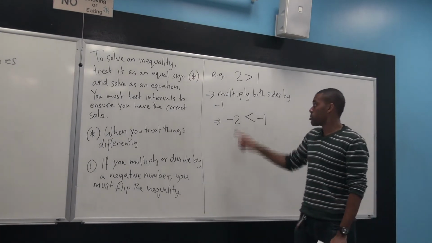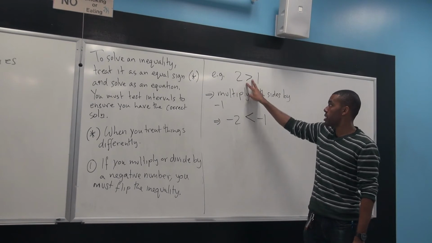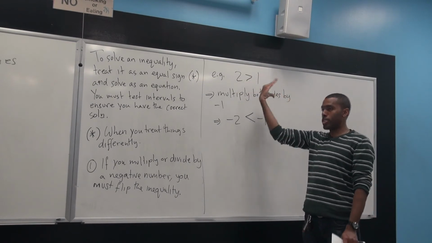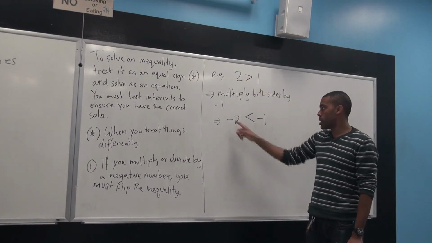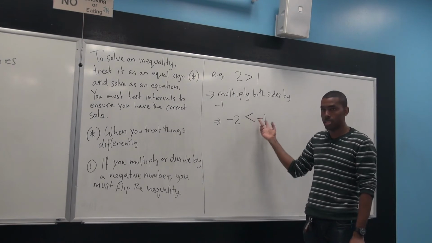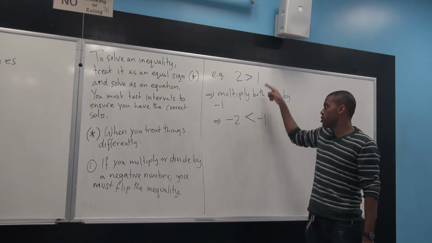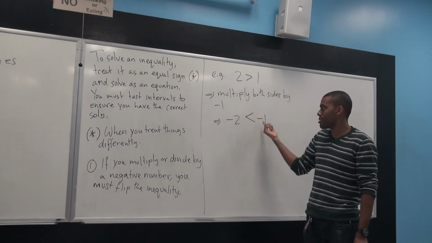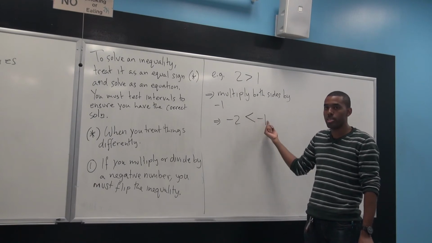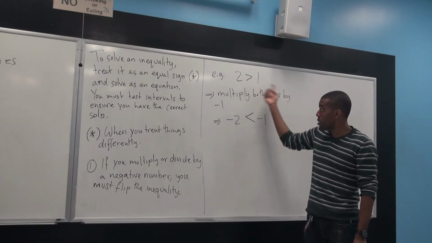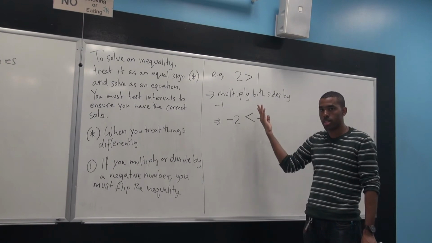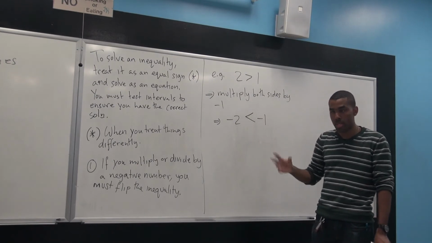Just by multiplying by a negative means this sign, it was this way, I have to turn it around that way. Once I multiply or divide by a negative, this has to be true. And if you draw these on a number line, you'll see minus 2 is actually less than minus 1. So if you multiply through by a negative, you have to turn the sign around. That's one way it's different from an equal sign.